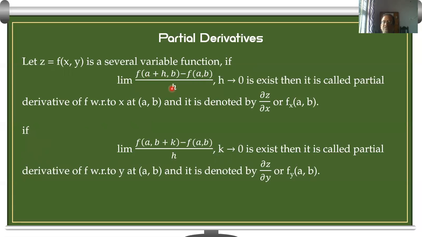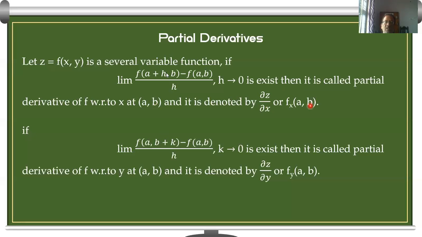It is a basic principle, the fundamental formula, with an increment only in h. In that case, as h tends to 0, a small increment, it is called the partial derivative of f with respect to x at the point a comma b, and it is denoted by dou u by dou x, or otherwise f x suffix at a b.